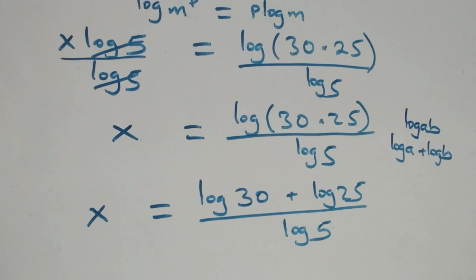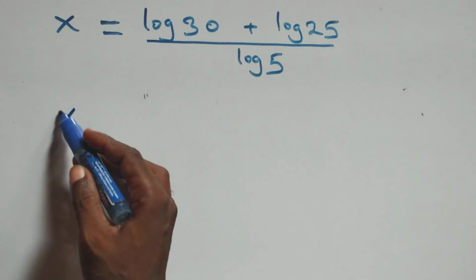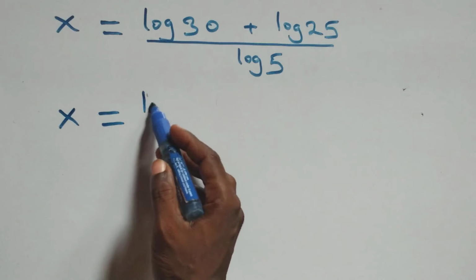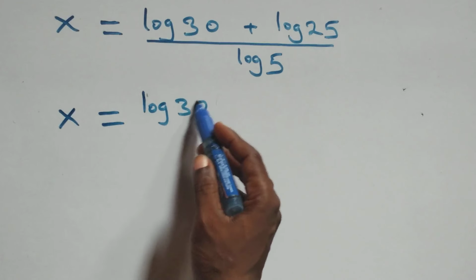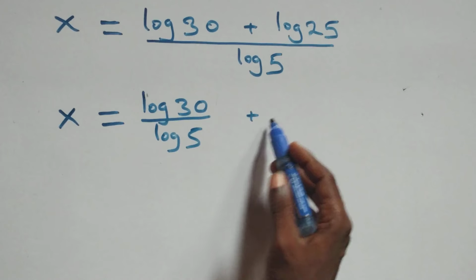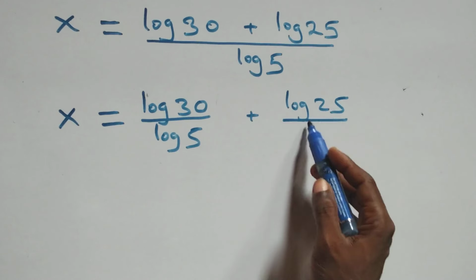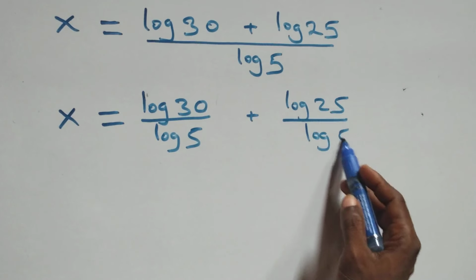That is, next step here, we separate this into two fractions. We have x equals log 30 over log 5 plus log 25 over log 5.